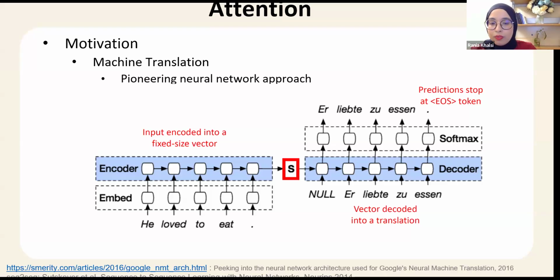So the idea is that we have a sentence and we want to translate it. The architecture here has two main parts, the encoder and the decoder. The encoder cannot directly process or work with the input sentence because it's written in natural language.